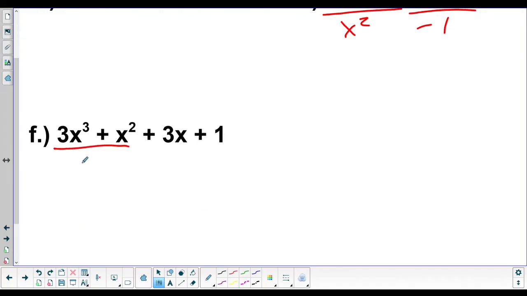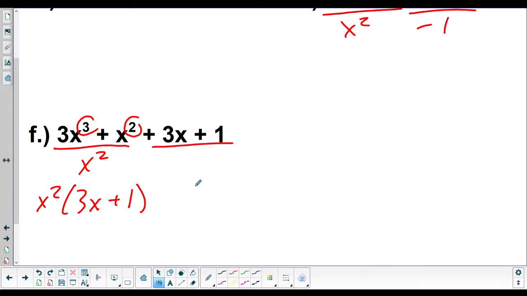So here, let's take out an x squared, because that's what they have in common. So we're going to put x squared, bring down our 3. We had 3 x's. We're taking 2 out, so there will be 1 left. X squared divided by x squared is 1. Here, there's nothing in common, and we don't need to switch the sign.